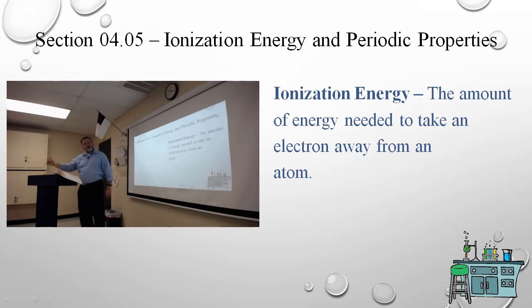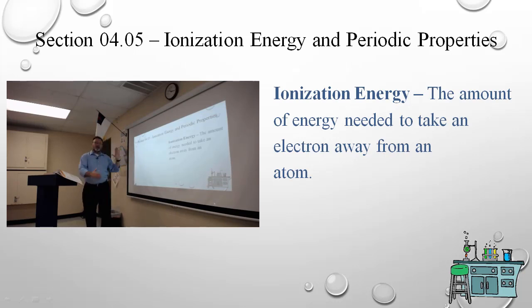Now think about the nonmetals. Nonmetals have a tendency to want to what? Get or give electrons? Get electrons, right? So between the metals and the nonmetals, which one has more energy to hold on to what it has? The nonmetals, right? Good.